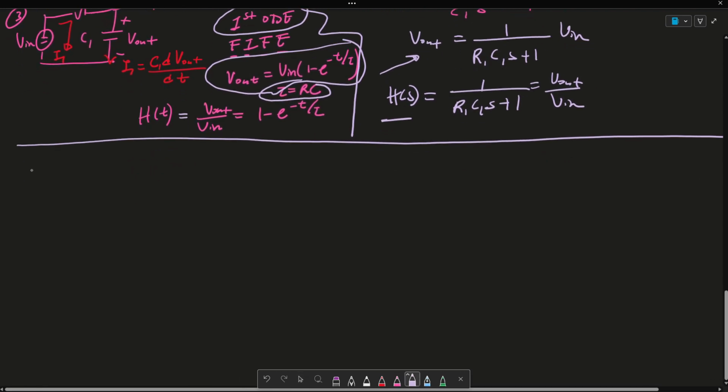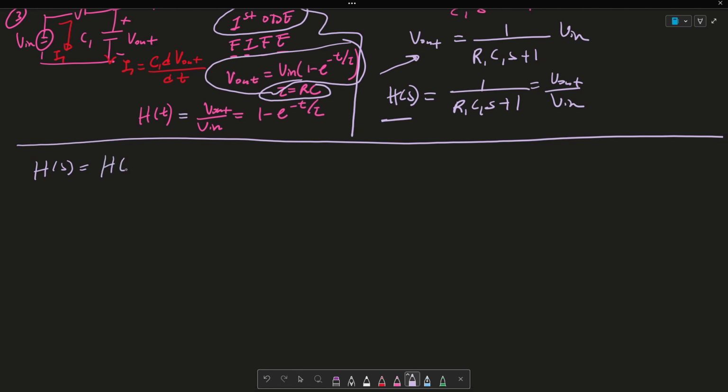So H of s is essentially equal to H of j omega. This can be rewritten as 1 over 1 plus R1 C1 omega j, or just to be consistent, j omega.